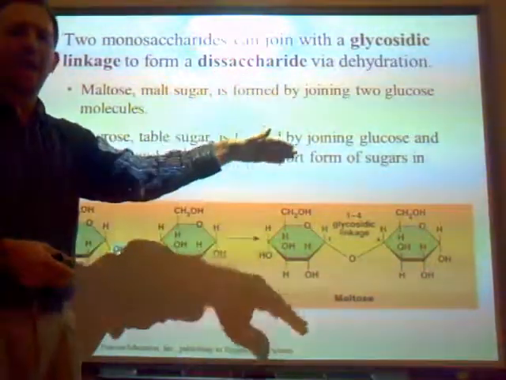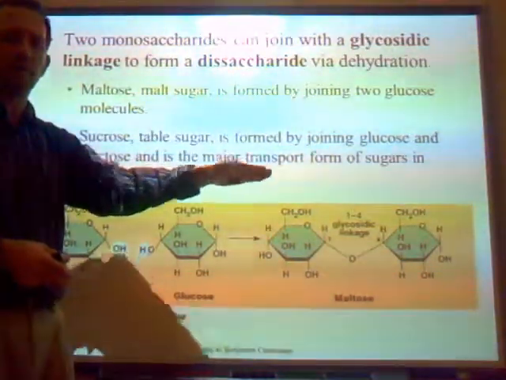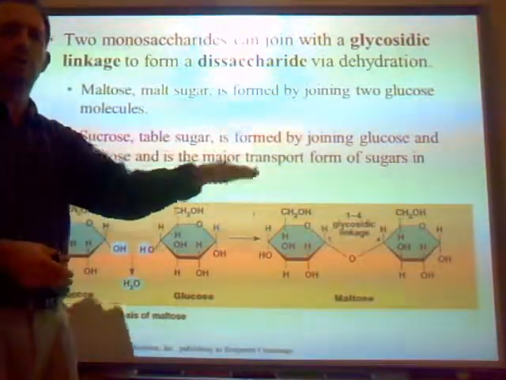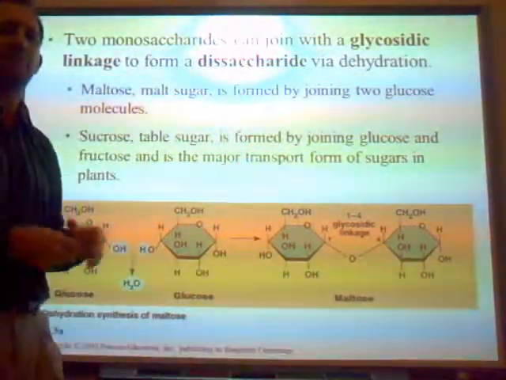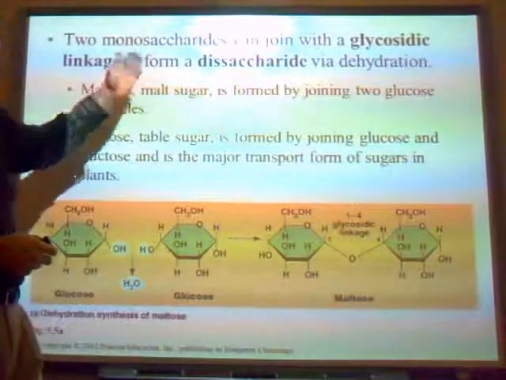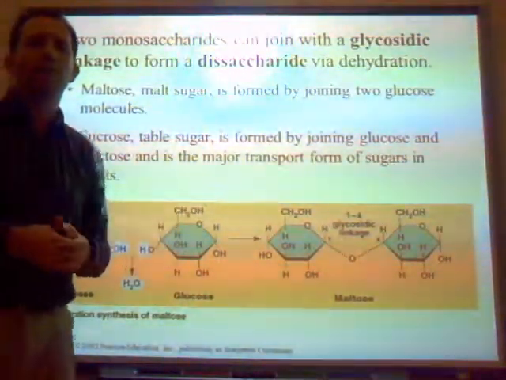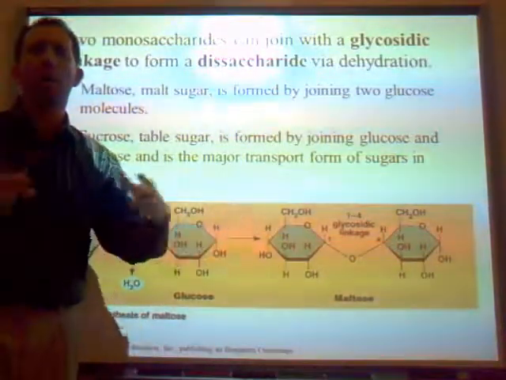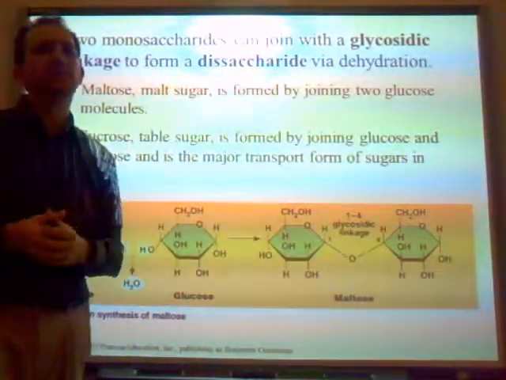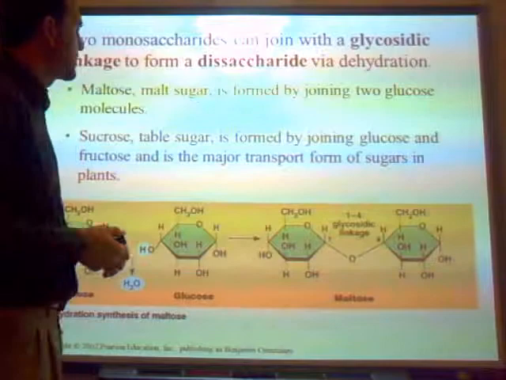Every time we add a monosaccharide to another monosaccharide, we're going to have a glycosidic linkage, and that glycosidic linkage is going to form these longer chained polymers, disaccharides, and ultimately then polysaccharides.